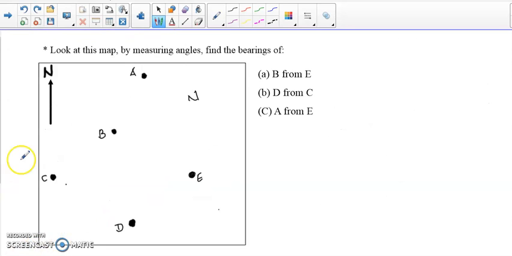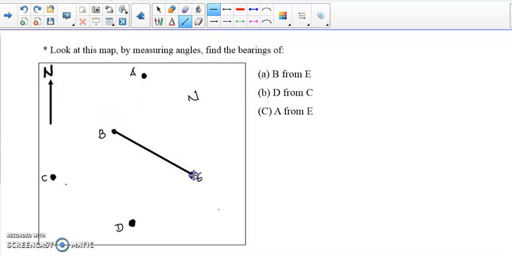Okay, that's good. Now look at this. It says, look at this map. By measuring angles, find the bearing of A, B from E. Let's pick one after the other. The bearing of B from E. I will make a straight line from B to E. Since I make a straight line, don't forget to mark your north pole.